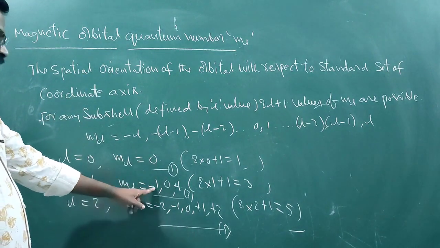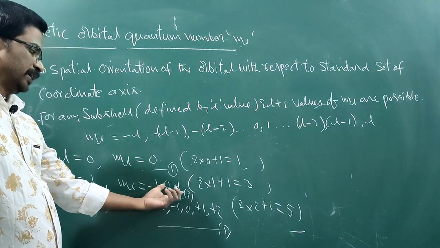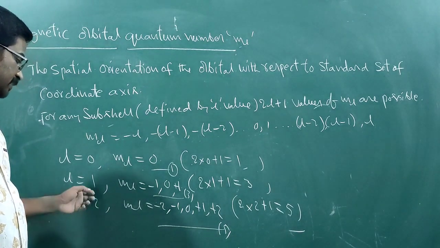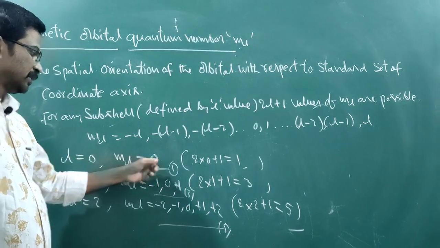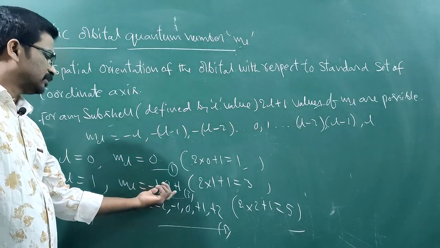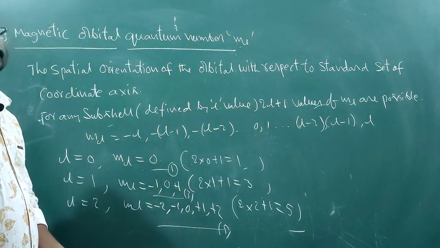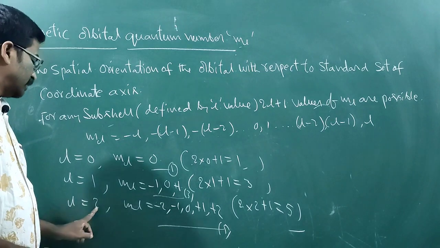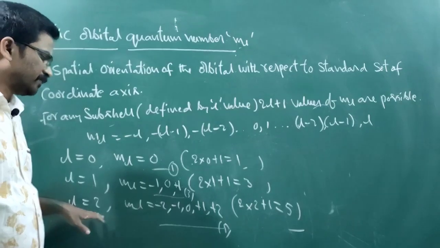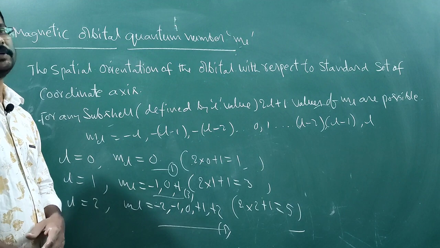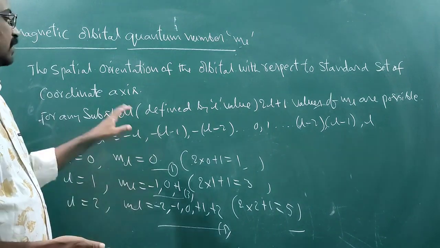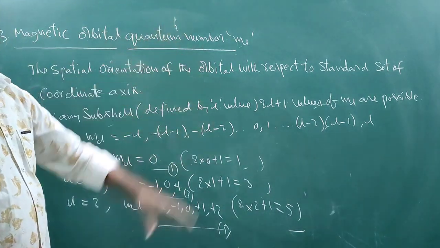For the L is equal to 0 subshell, only 1 orbital is possible. For the L is equal to 1 subshell, 3 types of orbitals are possible, and these orbitals are in different directions. For the L is equal to 2 subshell, there are 5 types of orientations, that is, 5 different orbitals oriented along different axes. Like that you can understand the magnetic orbital quantum number ML.